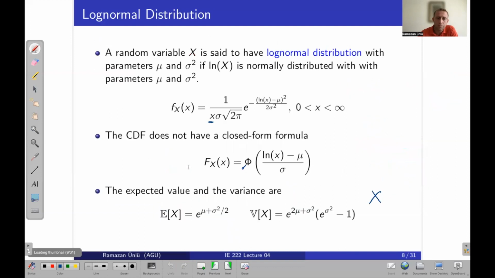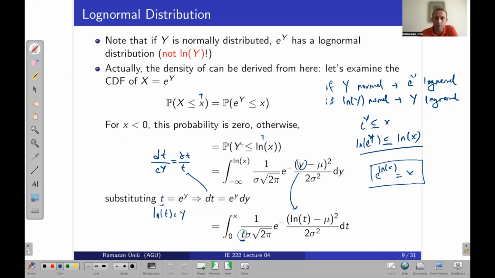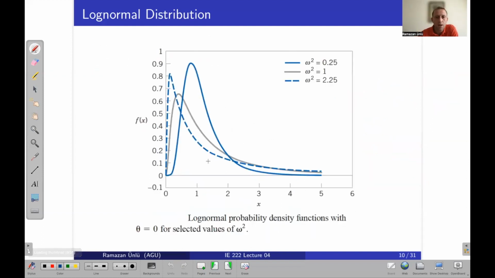If you know the logic of the log normal distribution from here, you just need to check your resources to find the expected value of x and the variance of x. That's easy. Just try to understand the logic behind the log normal distribution, and please understand the relationship between the log normal and normal distribution.